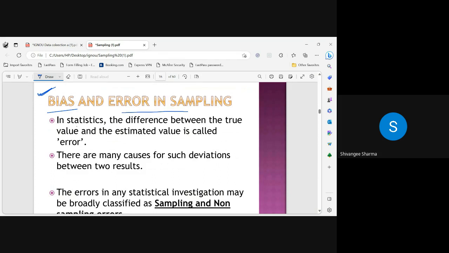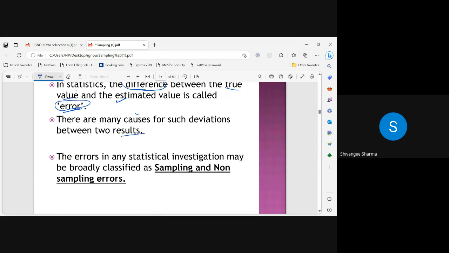Now, in statistics, the difference between the true value and estimated value is called error. You take an estimate and you actually analyze the data and you get a true value. So, whatever the difference between the true value and estimated value, that will be an error. There are many causes for such deviations between two results, and these errors in a statistical investigation may be broadly classified into sampling and non-sampling errors, right?